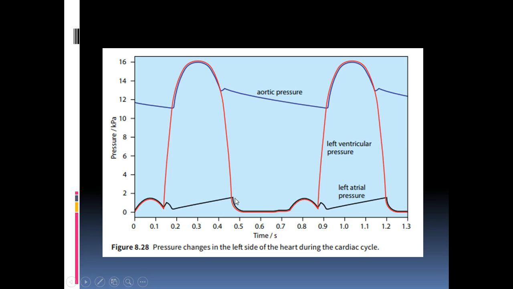So the ventricle and atria start to relax, and no more pressure is being exerted by the walls of the ventricle and also the walls of the atrium. Slowly, pressure within both the ventricle and atrium will drop. Okay, and you can see it clearly here.